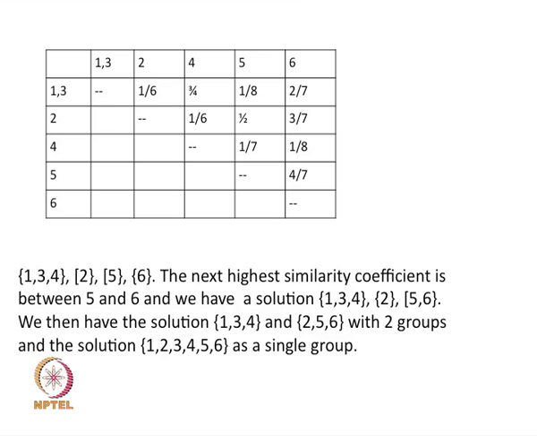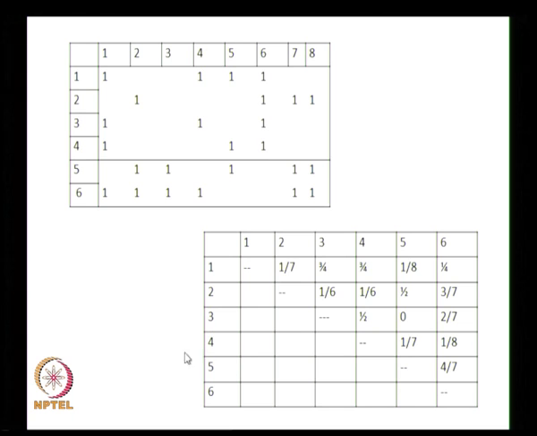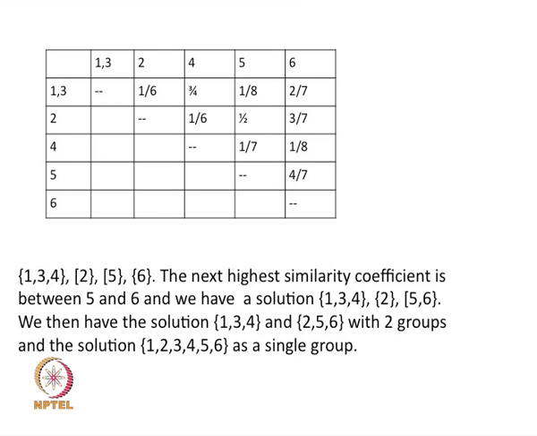It is called single linkage because at this stage, when we computed the similarity between 1, 3 and 2, we took the maximum out of 1, 2 and 3, 2. When we take the maximum, it is called single linkage cluster analysis.